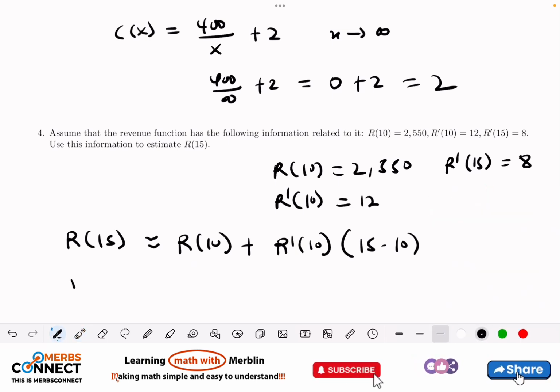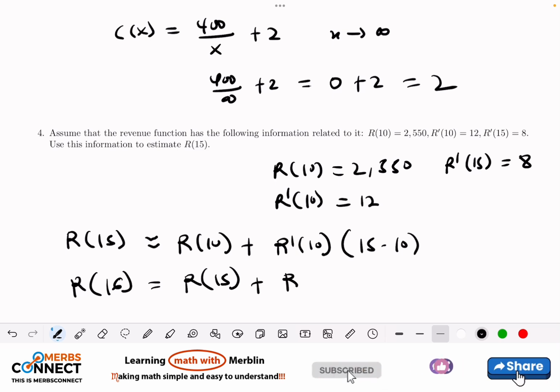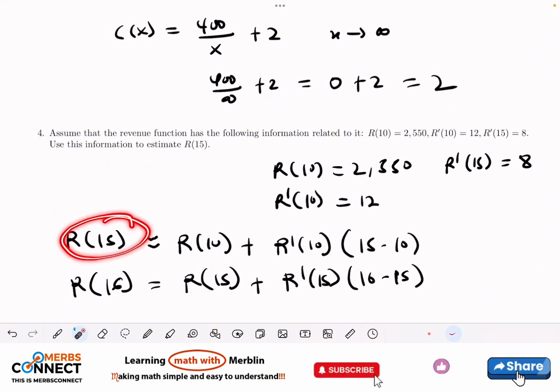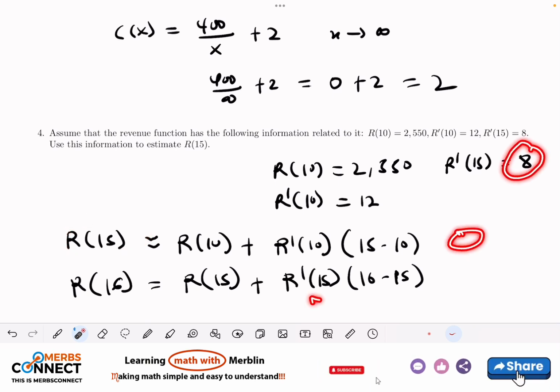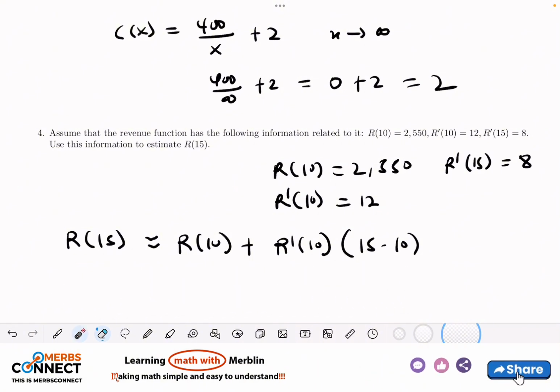If I want to find r of 16, r of 16 will be approximately r of 15 plus r prime of 15 times 16 minus 15. Do you get it? This will give me r of 15, I know r prime of 15, and then I can also find r of 16. Yes, that is the idea.